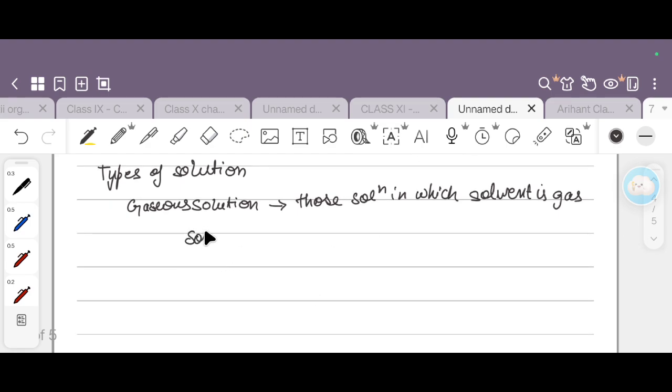So solute can be either solid, liquid or gas, but the solvent will be gas only.